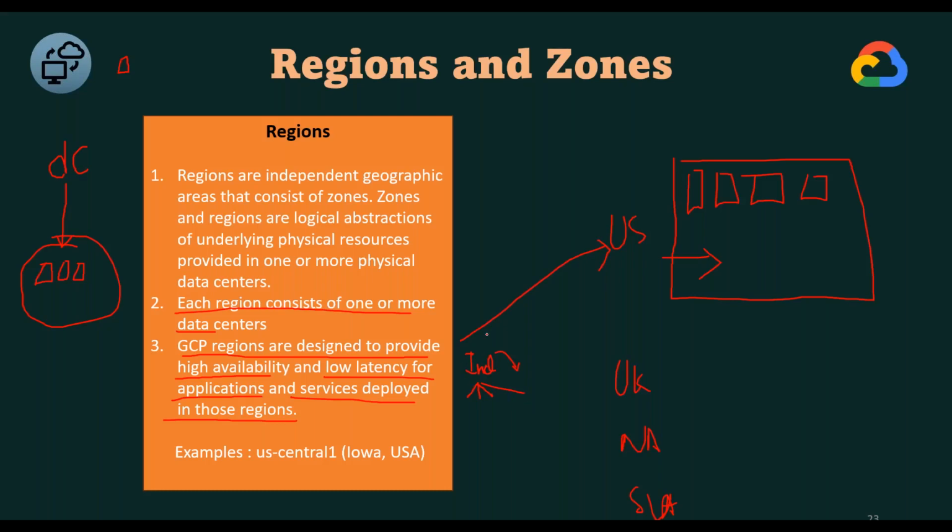But if that application is deployed in data centers in the US, India is very far away and they are connected via network. So whenever Indian people try to access that application, it will take a lot of time.